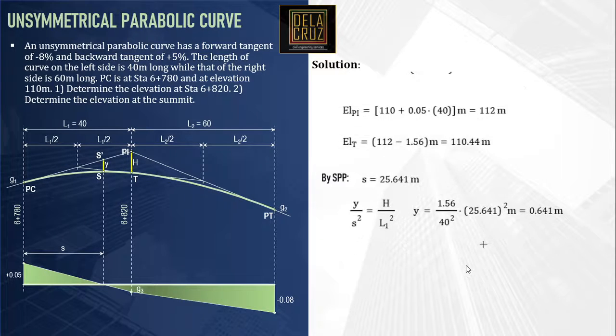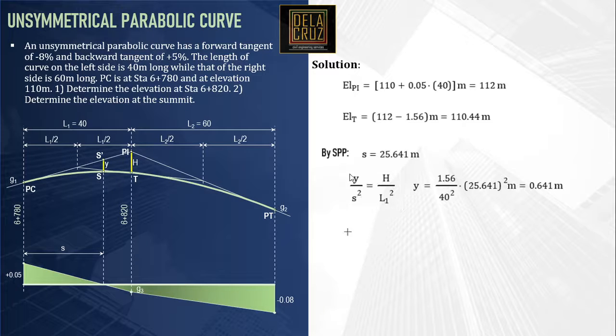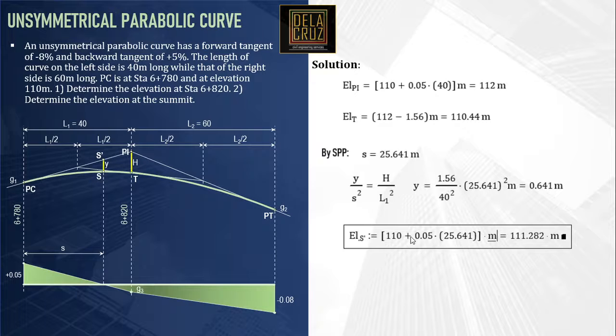First, calculate the elevation of S prime. Elevation of S prime is equal to the elevation of PC plus the vertical offset distance from PC to PI to S prime. That would be G1 times S. I hope that is clear. Take note, elevation of PC is 110, G1 is 0.05, and S is 25.641 meters.